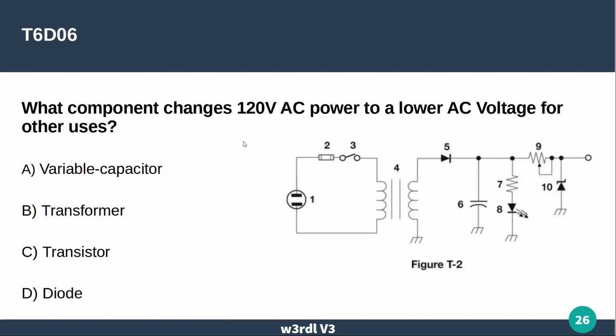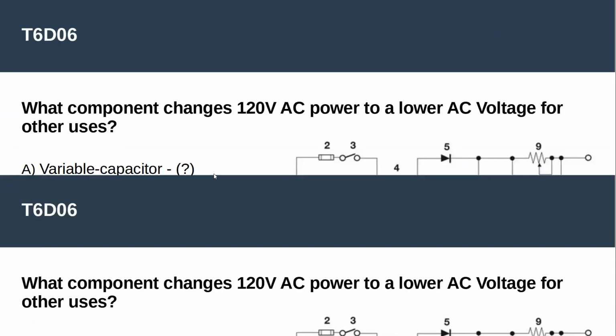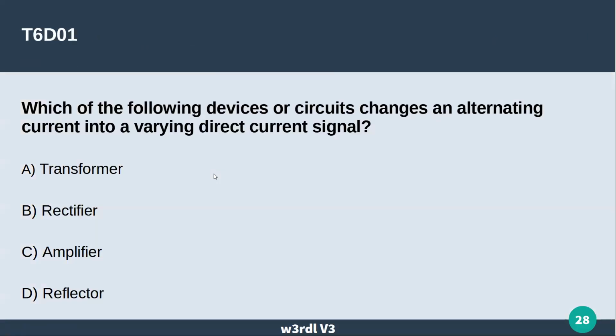So what component changes 120 volt AC power to a lower AC voltage for other uses? Transformer. Which of the following devices or circuits changes an alternating current into a varying direct current signal?